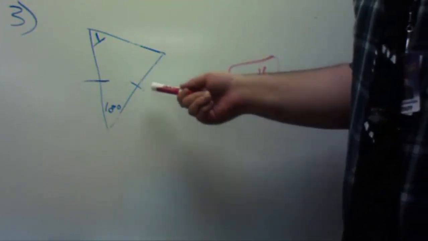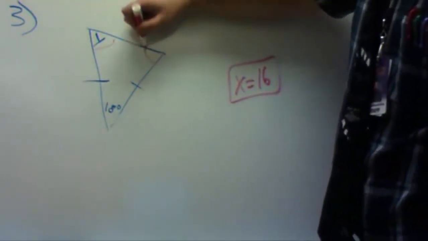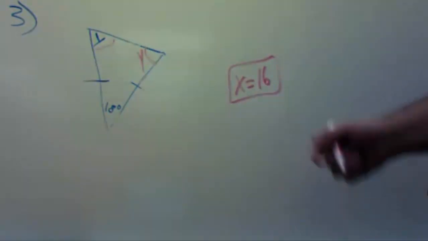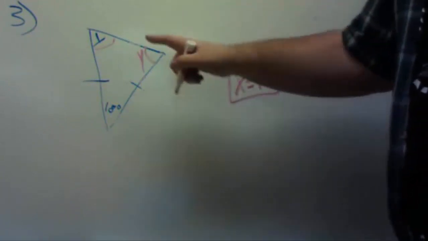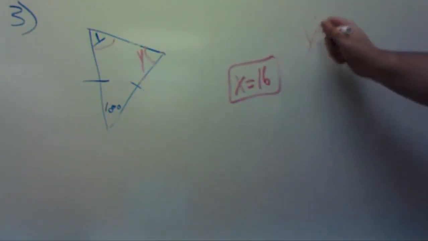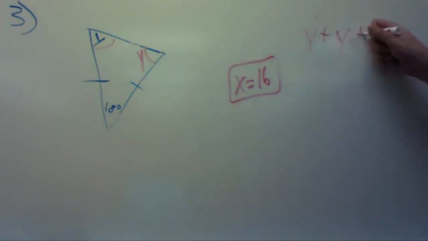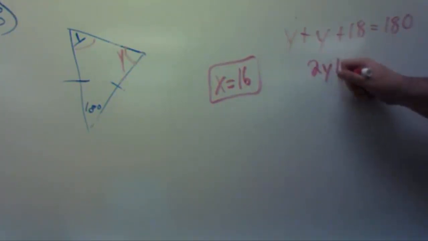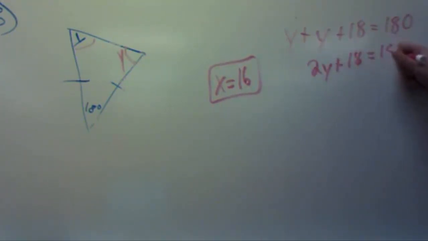If I look, these 2 sides are congruent, which means these 2 angles are congruent, which means this is also a y. Just like I did up here, all the angles of a triangle have to add up to be 180. So I'm going to do y plus y plus 18 equals 180. Solve for y: 2y plus 18 equals 180.